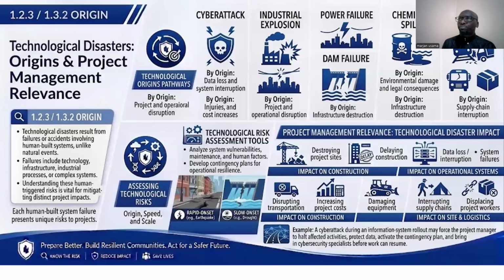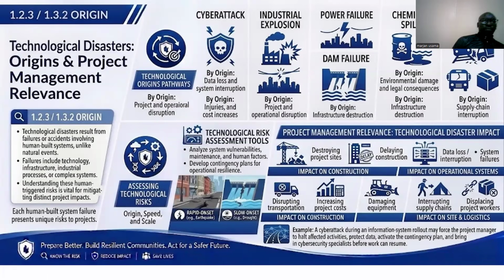Industrial explosion. You are living near a neighborhood and it has an industry. The industry explodes, people die. Power failure. Sometimes you don't have electricity, or there is some electricity disruption. Or chemical, we have the chemical spill.